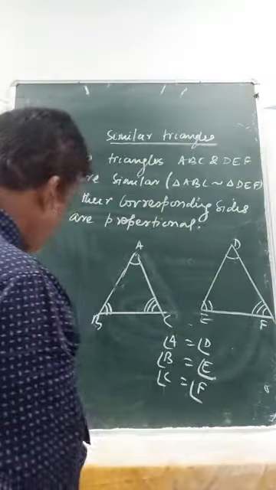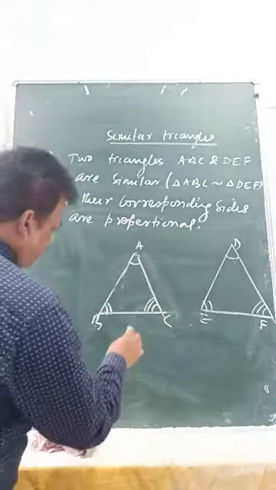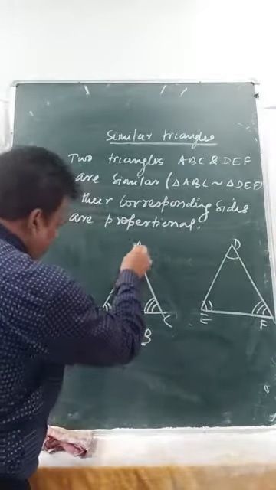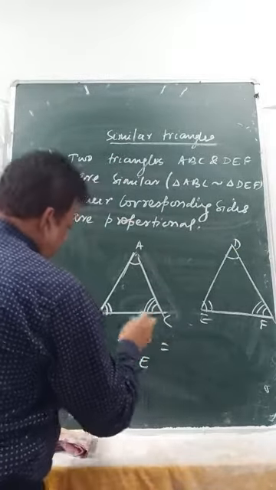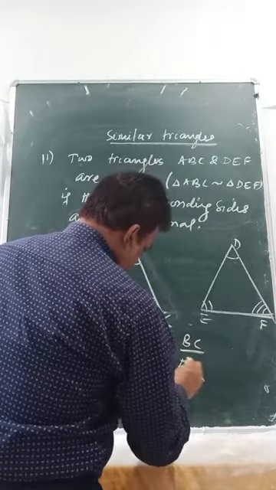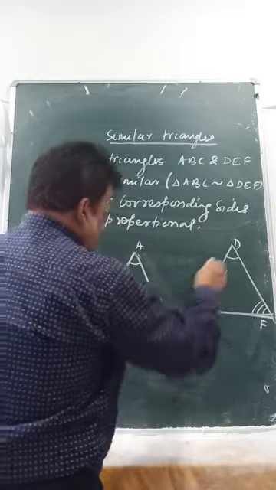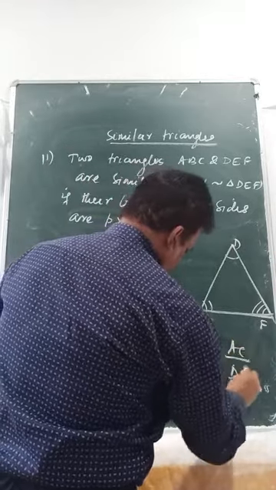Proportional means, when you write, if this condition happens also, it will be AB by corresponding DE, BC by corresponding EF, AC by corresponding DF. This is the second criteria.